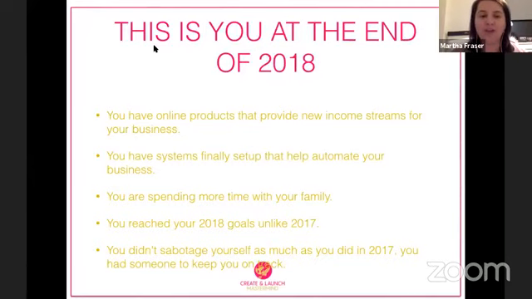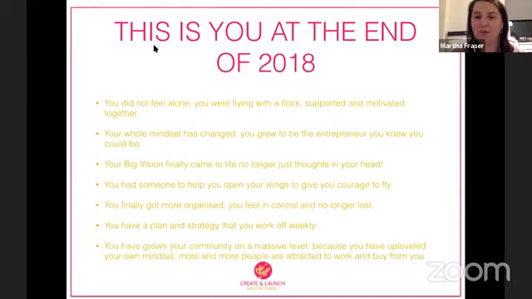You're more organized. You don't feel alone anymore. You are flying with a flock who support you and motivate you. And you're beginning to change your mindset into a whole new growth mindset of potential possibilities. And you finally have your big vision coming into action, which is just incredible to see.